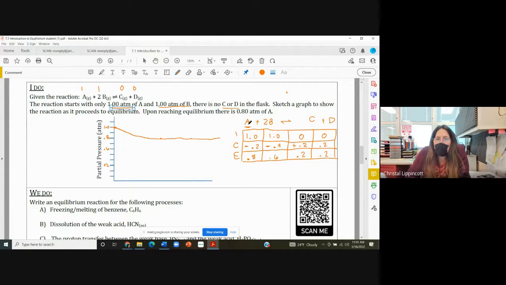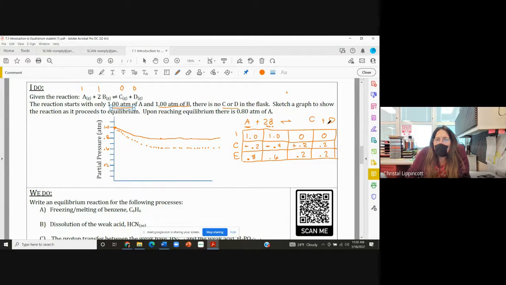So B, I'll have to do just dash or something for B. B is going to end up at 0.6, where it's going to be consistent. Okay. So I'm going to do him as kind of a dashed line. Okay, so that's my straight line for B. So he's going to be a dotted line.